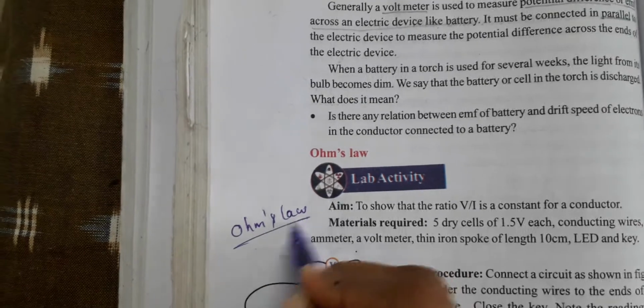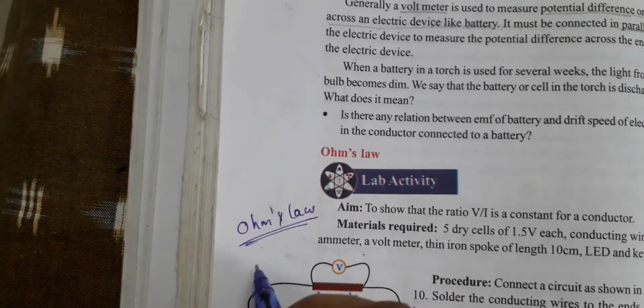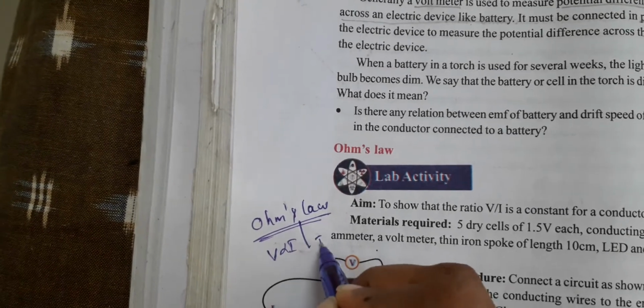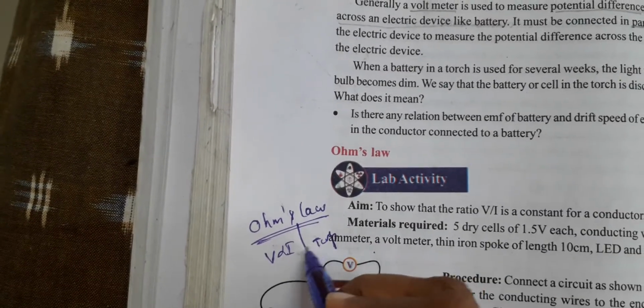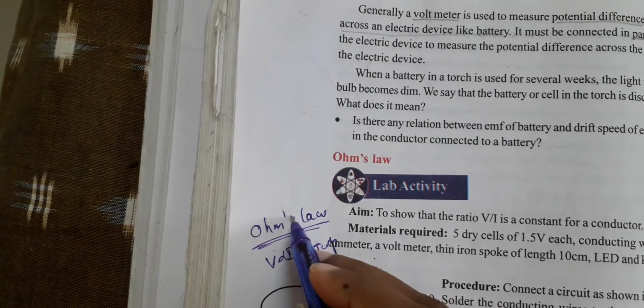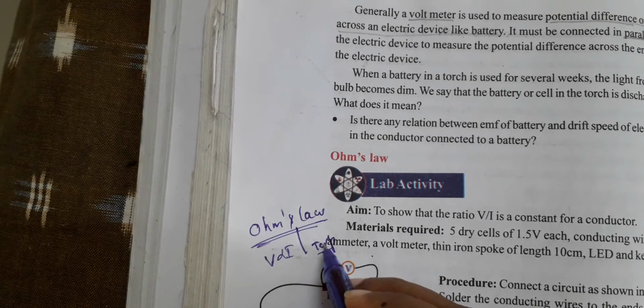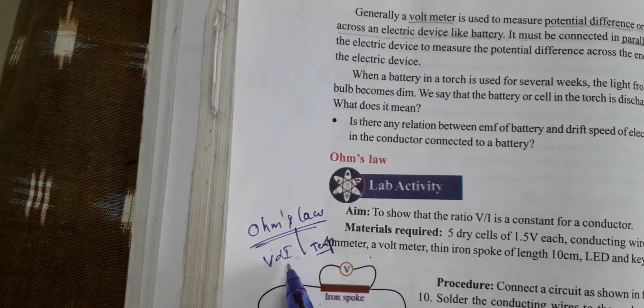You can also call this activity Ohm's law verification, where V is directly proportional to I at constant temperature. Mathematically expressing it, you write a long standing line, and at the base you write temperature, at constant temperature.